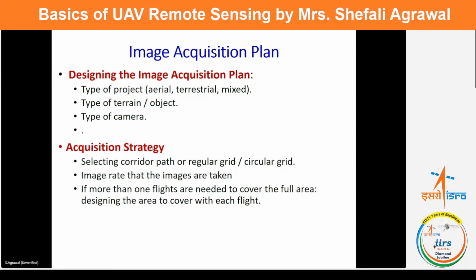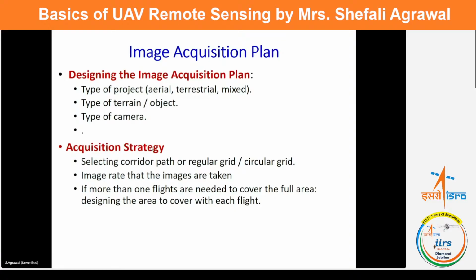So depending on the application, if it's an agriculture area, you may do aerial. If it is a highly residential built-up area where high-rise buildings are there, or in certain angles in a very mountainous terrain, you can go terrestrial, or in built-up high-rise building areas, you can have mixed plans also.